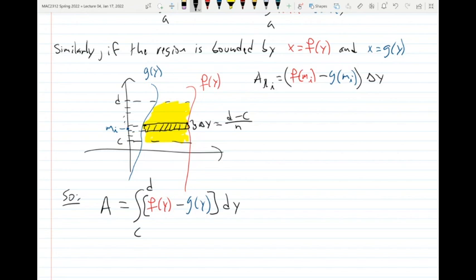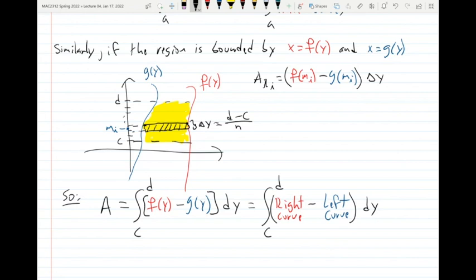So that's why you see the dy. So just like before, to write the general form, that would be the right curve minus left curve, dy. So the dy stands for the thickness or the width of the rectangle, and then the expression in the parentheses is the length of the rectangle in this case.